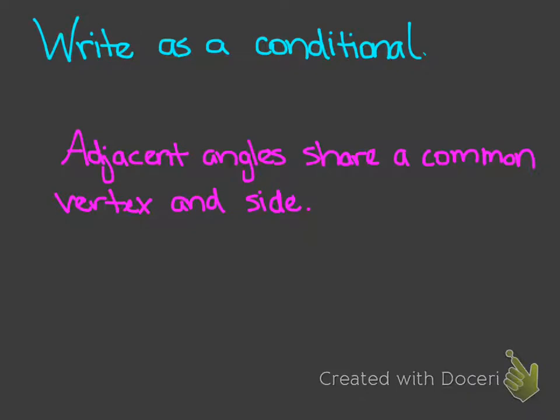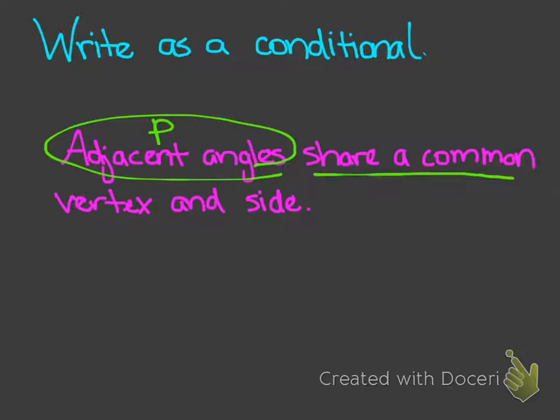Alright, now we want to look at this one and write it as a conditional statement. So this says, adjacent angles share a common vertex and side. So the hypothesis is that we have adjacent angles, so that can be our P. The conclusion seems to be that they share a common vertex and side. Okay, that seems to be our Q, our conclusion. So we can say if, how many angles does it take to be adjacent angles? Well, it takes 2.